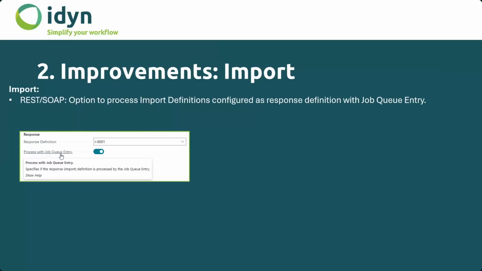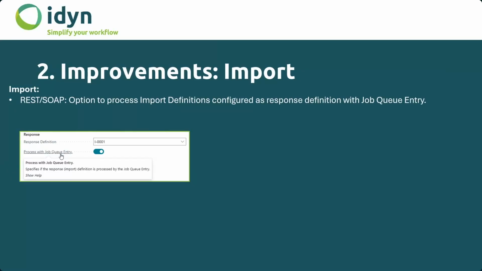However, you can now also select if you want to process the import definition with the job queue entry, meaning that for the export to the REST API or the SOAP web service, that will still be processed, and we will still get a response back, and we will still create the import entry.